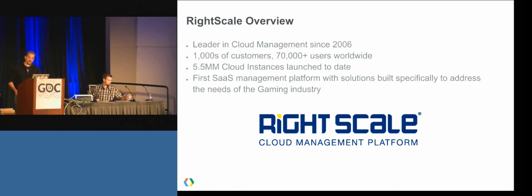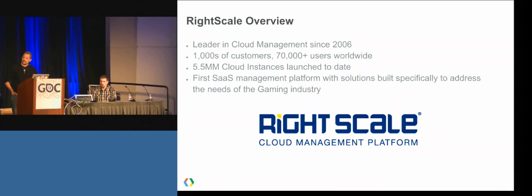We do have a free tier that's very popular. And about 5.5 million instances have been launched through the platform. What's interesting with that number is that two years ago, it was 1 million. So it took 4 years to launch the first million instances on the platform, and in 2 years, 4 million more were launched, thanks to the exponential growth of cloud consumption.